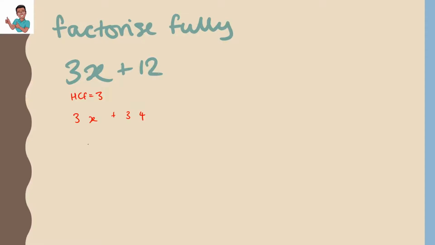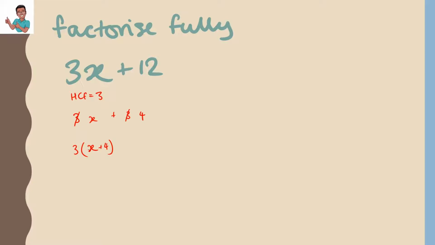And then we cross out whatever is common. So we have a 3 and a 3 here. So whatever is common goes outside of the brackets. So 3x plus 4. So basically whatever is remaining goes inside of the brackets.